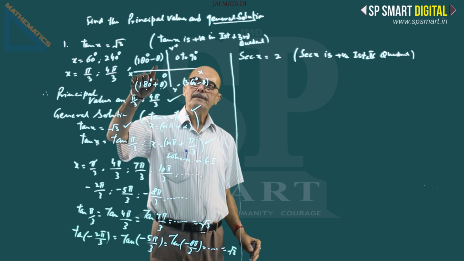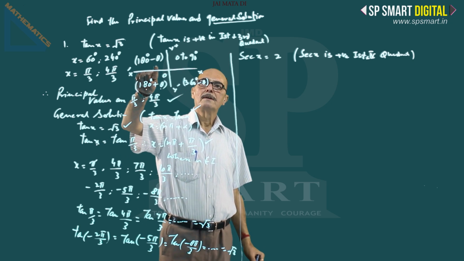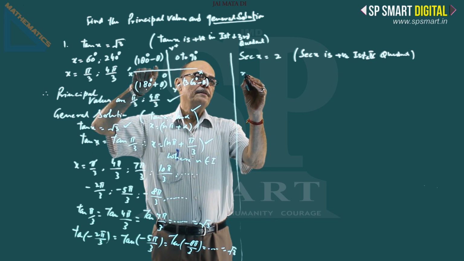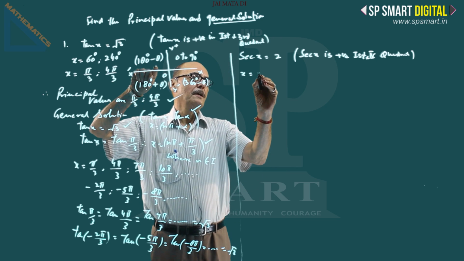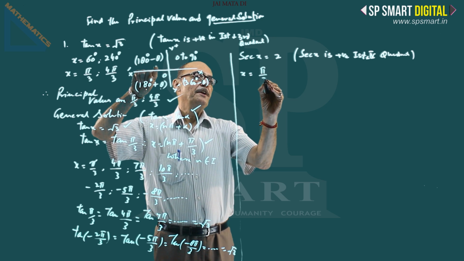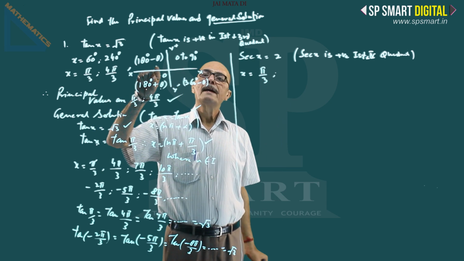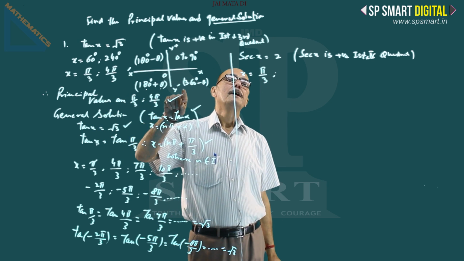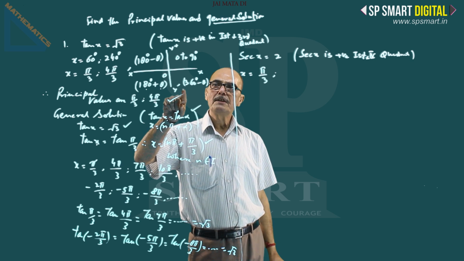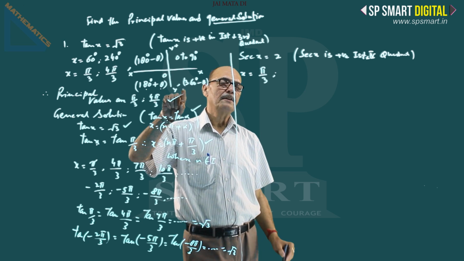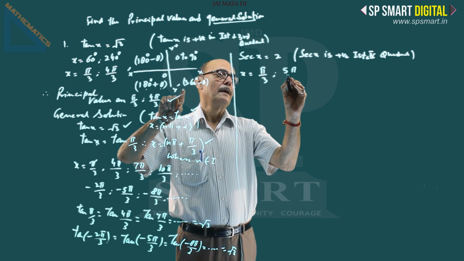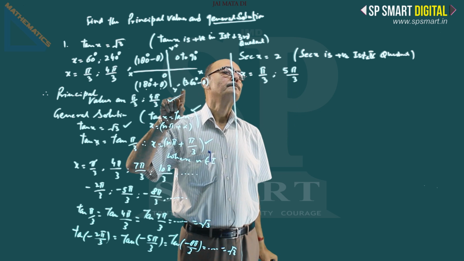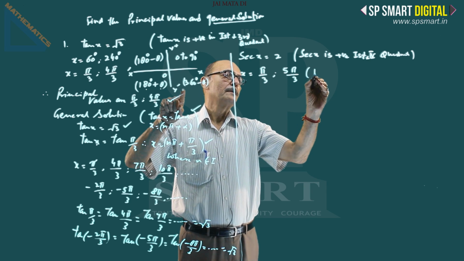So, making use of this chart, we can find out x equal to pi by 3, 60 degree, and then 360 minus 60 in the fourth quadrant, that is 300, 5 pi by 3. So, these are the principal values.